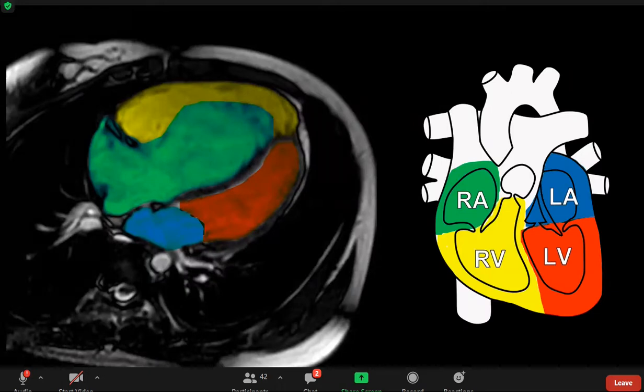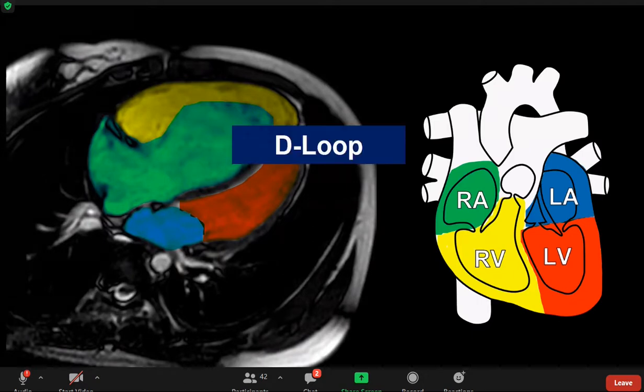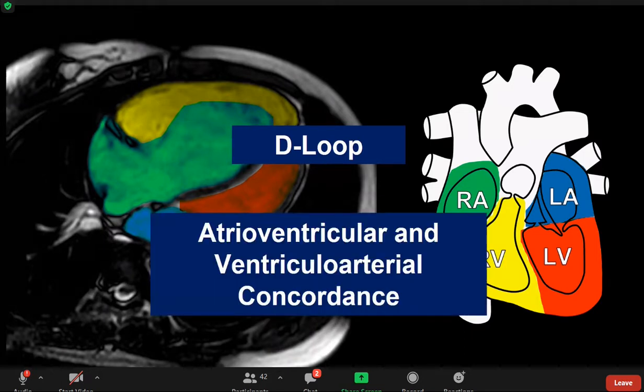All in all, these are the other findings we saw in this patient. The normal anatomy was with the tricuspid valve seen on the right, so it could be a D loop, and the normal drainage of the great vessels and their origins were normal in relation to the chambers of the heart. So there's atrioventricular and ventriculo-arterial concordance in this patient.